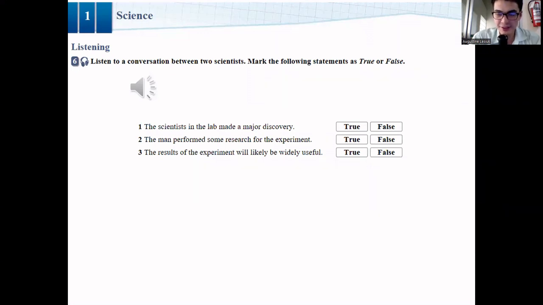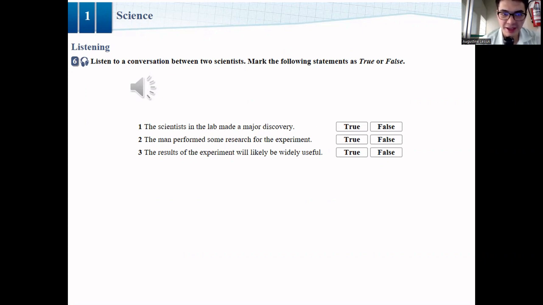Okay, for the next listening segment of this unit, I want you guys to listen to a conversation between two scientists, all right? And after you finish listening to the audio clip, I want you guys to mark which of the following is true or false, all right?